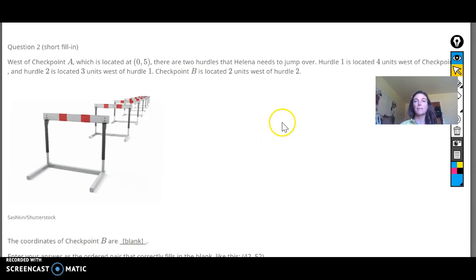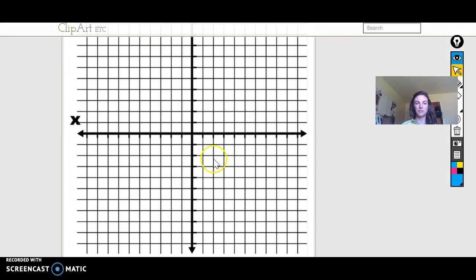So let's go see back at our coordinate plane. Remember, we were up here at 1, 2, 3, 4, 5, at 0 and 5. So that was checkpoint A. Go ahead and write that.